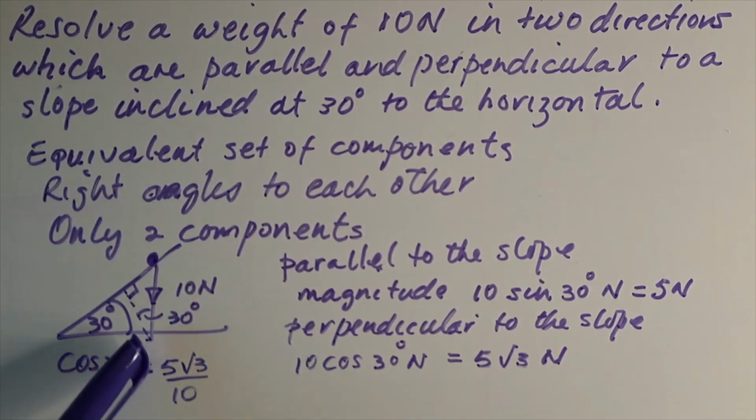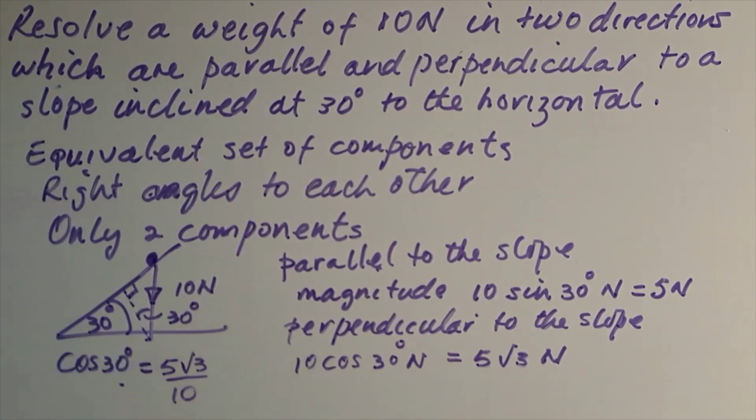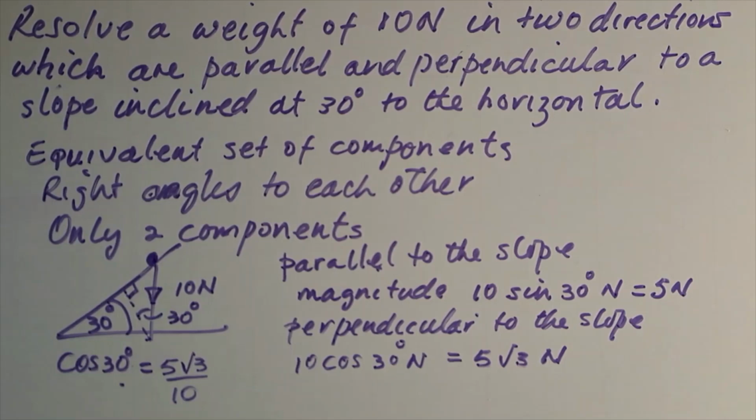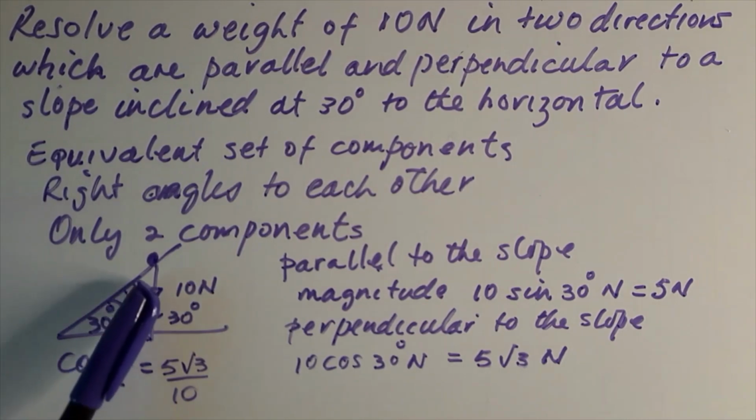So this angle is also 30 degrees. If you look at the definition of similar triangles, the condition is that they're equiangular. So in this case, we have this as 30 degrees, this is 90, and this must be 60.